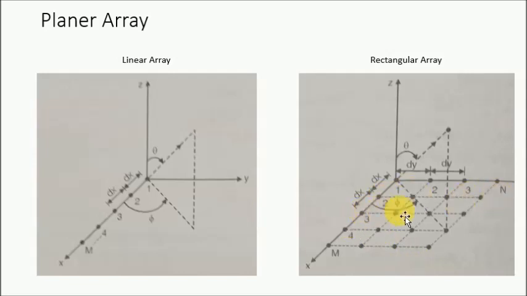Here draw the lines which are parallel to y, and where these lines intersect, we have to put the elements there. So if you count, 1, 2, 3, 4, 1, 2, 3, 4, 5, we have the number of elements at the intersection points. Now theta and phi are calculated depending on our observation point.